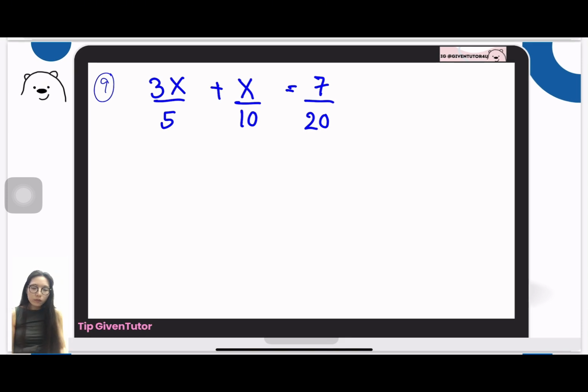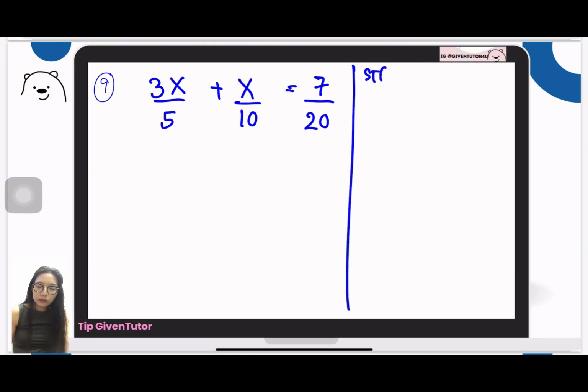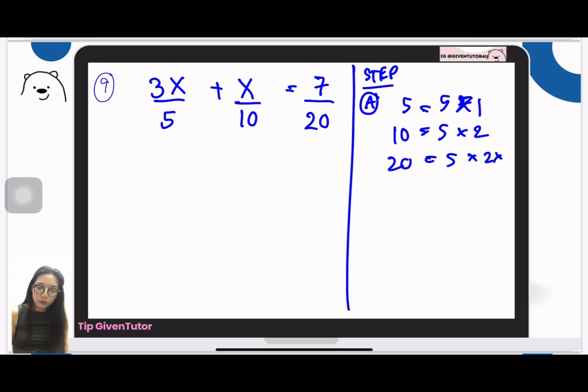And what we have to find is the step first, right? Step first, step A, LCM. 5 is equal to 5 times 1, right? Okay, 10 equal to 5 times 2. 20 equal to 5 times 2 times 2. Okay, so what we have right here is the 5 first.